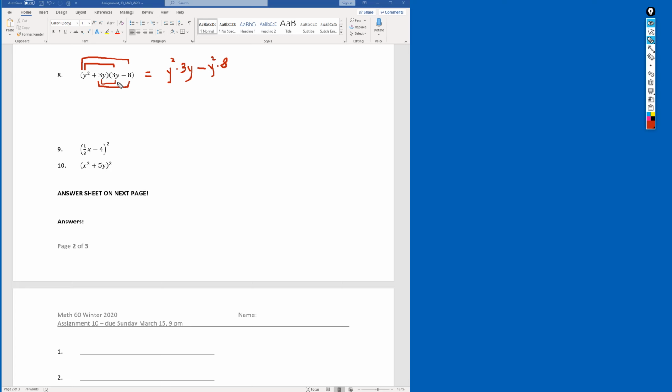The inner is going to be 3y times 3y, so that'll be positive 3y times 3y. And then the last is 3y times minus 8, so it's going to be negative 3y times 8.